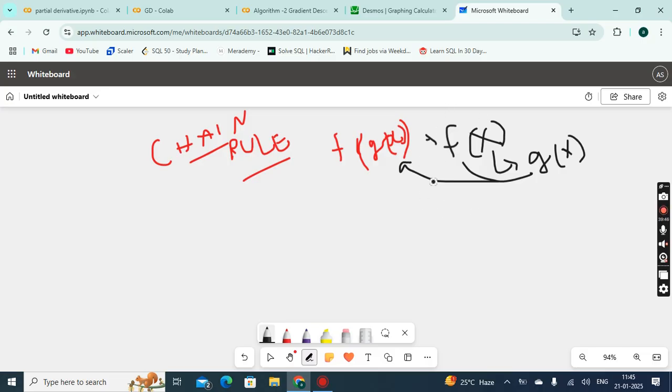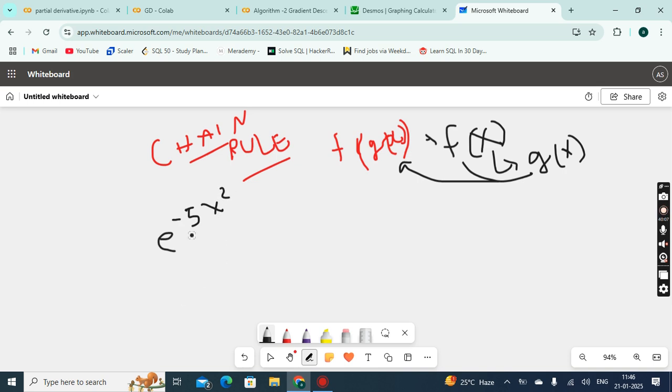So how do we solve this? For solving this, we simply use the chain rule method. Using the chain rule, I will directly give you an example. Let's say I have e raised to the power minus 5x squared.